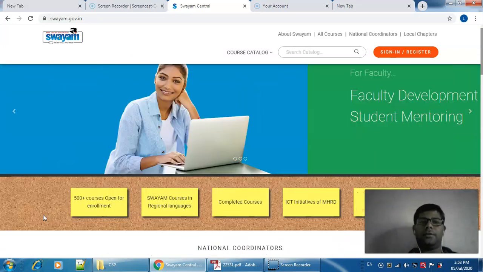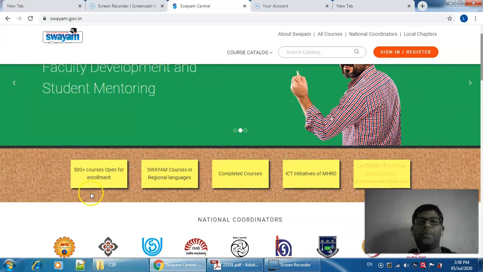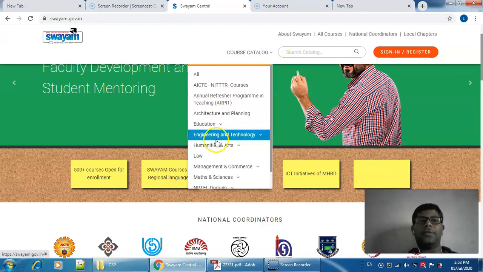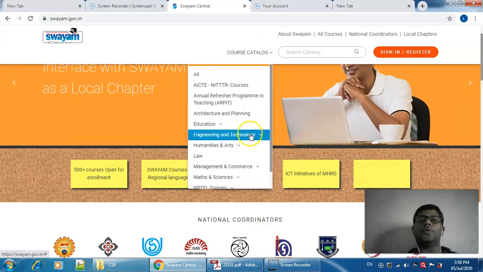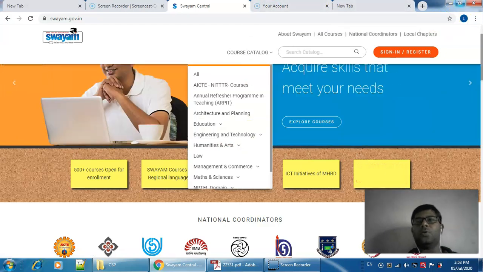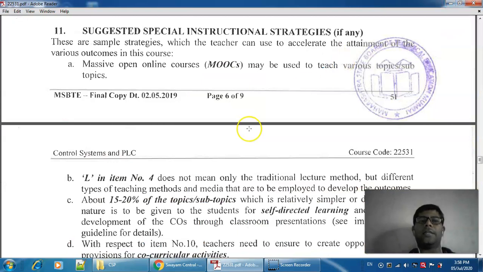You just have to select your branch accordingly, Education in engineering technology, and you will get a list of courses which are available on SWAYAM, and these are free of cost.